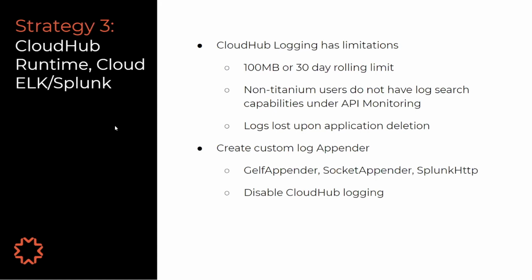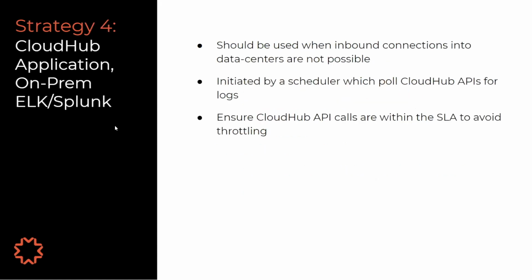So strategy 4 is a CloudHub application and an on-prem ELK or Splunk instance. This should be used whenever connections to a data center are not possible with inbound traffic. That could be because you have private information on that server, or you're working with a government server that has extremely limited access to that data.